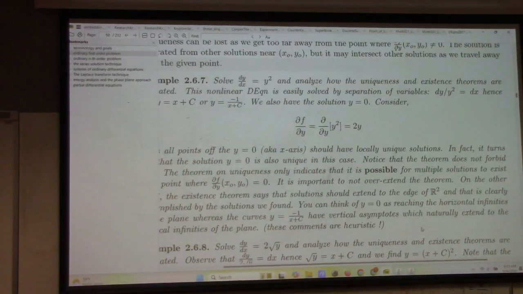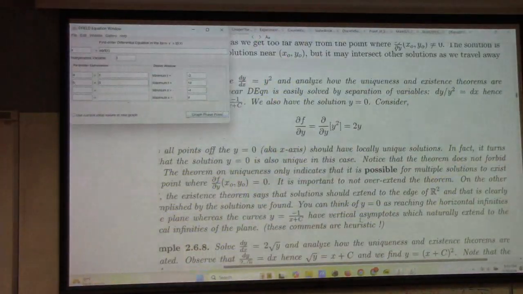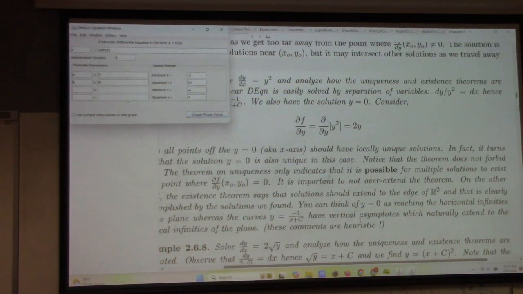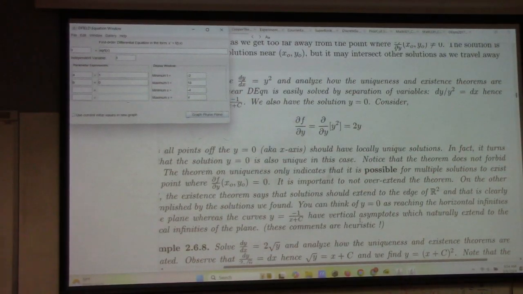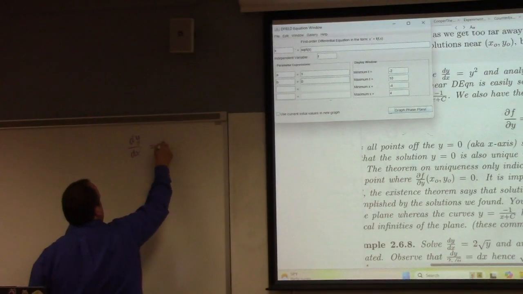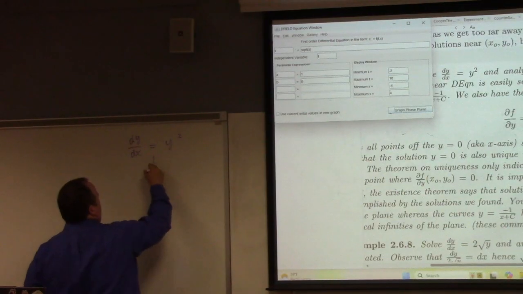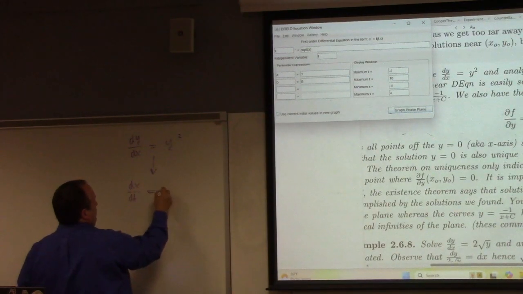Let me try to get something out. We're doing dy/dx equals y squared. All right, so I have to translate variables. This is dfield. I need to translate this into dx/dt equals t squared.